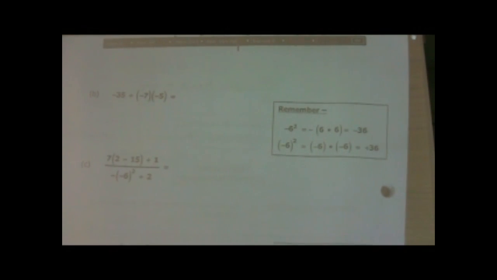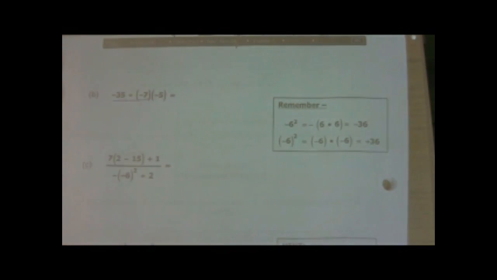This next example will trick you. Would you agree? This looks like negative 35 divided by 35, right? No. It is not, because in division and multiplication we go from left to right. This will trick your eyes and make you say negative 35 divided by 35. It is not.